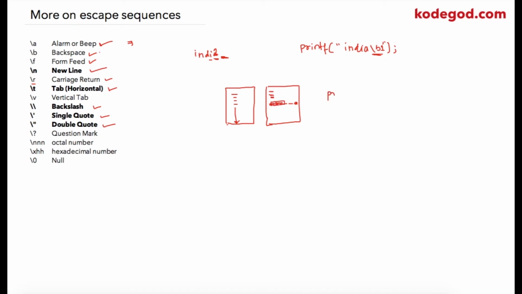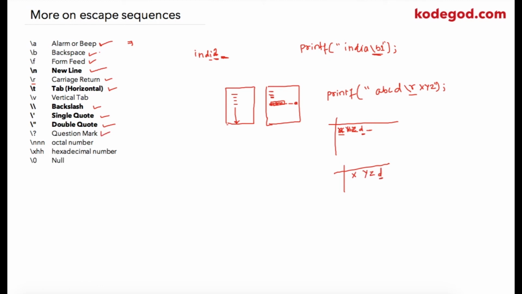So for example, if you have printf inside of double quotes abcd, then suppose \r xyz, then on the output screen abcd will be printed, the cursor will be at this location, and because of this \r it will move back to the starting position, and then it will start printing xyz, and then the cursor will be at this location. So your final output would be xyz and the cursor will be below the d.